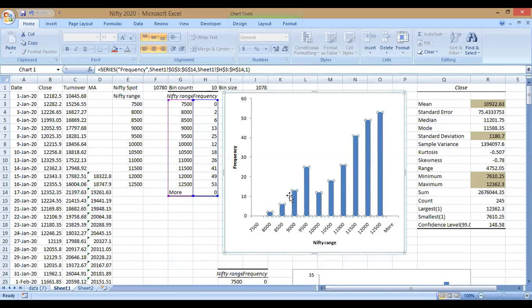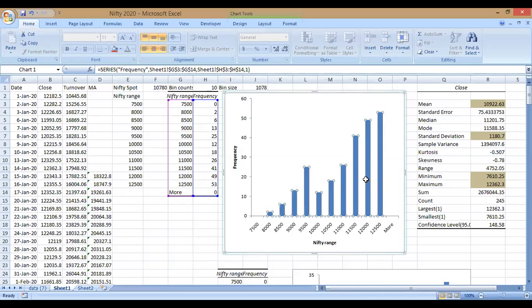Basically, the distribution of any kind of data is very important to understand the behavior of the underlying thing. A normal distribution normally has few outliers on each side. It forms a bell-shaped curve: it starts from a low point, goes up, plateaus, comes down, with outliers on the right-hand side.